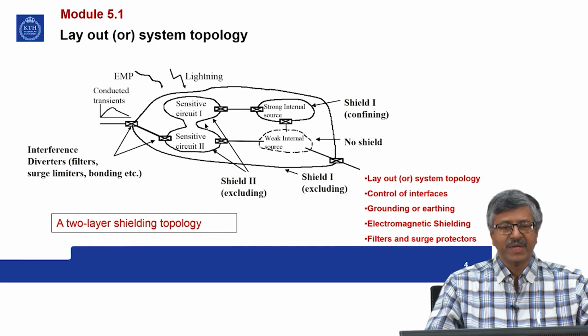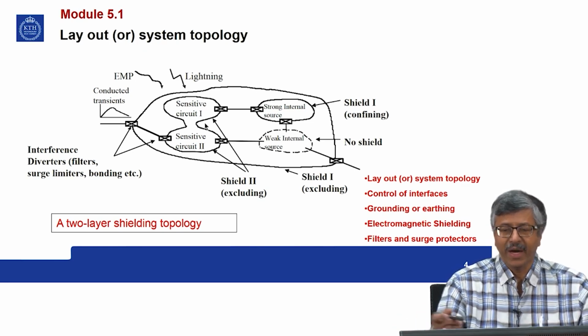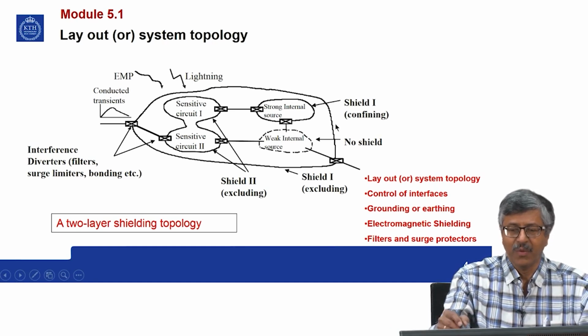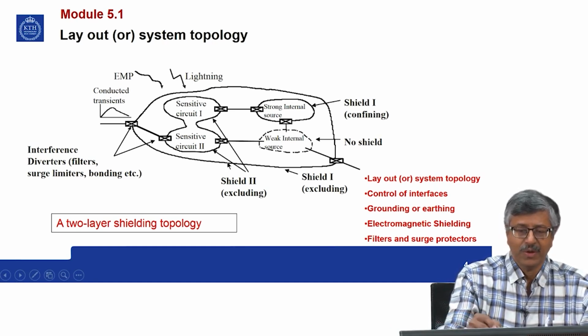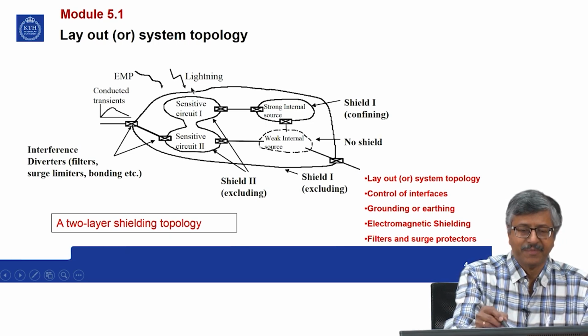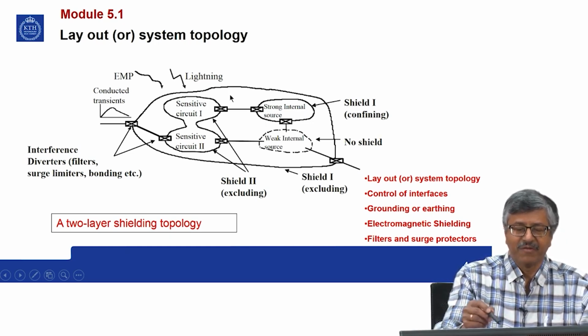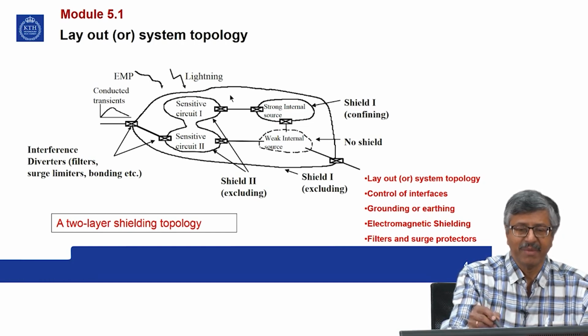Now we take module 1, layout or system topology. Now assume that you have an area where you want to protect the system inside from external electric and magnetic fields.